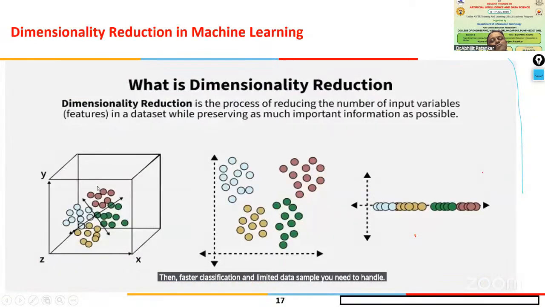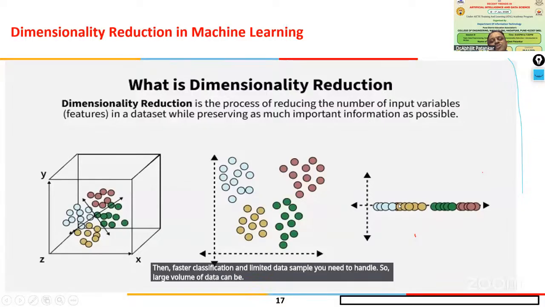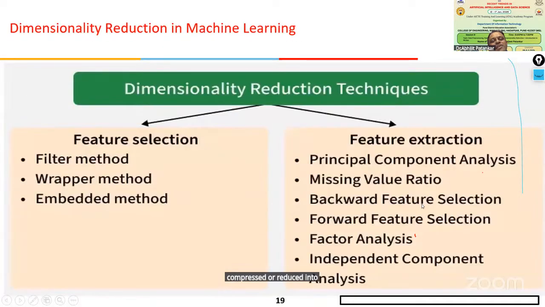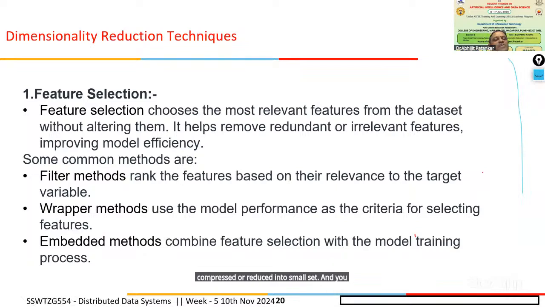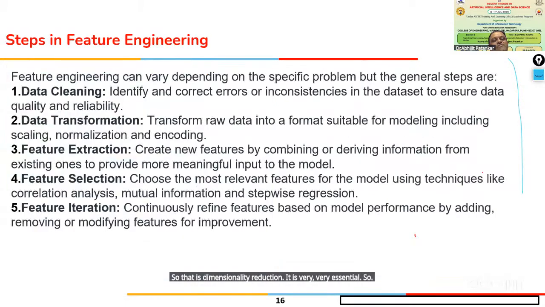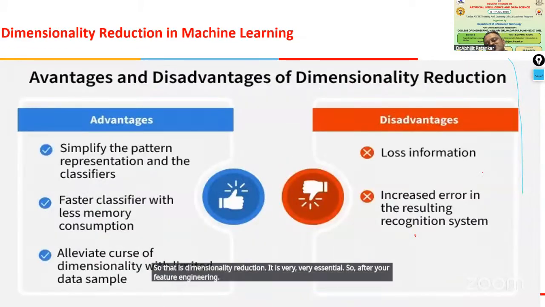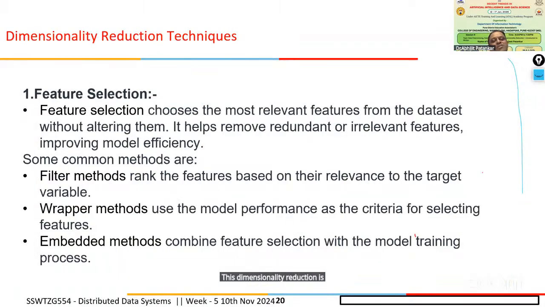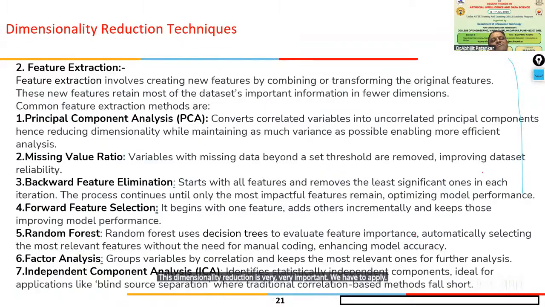So a large volume of data can be compressed or reduced into a small set, and you get results effectively. So that is dimensionality reduction. It is very, very essential. After your feature engineering, this dimensionality reduction is very important. We have to apply it by feature selection and feature extraction.